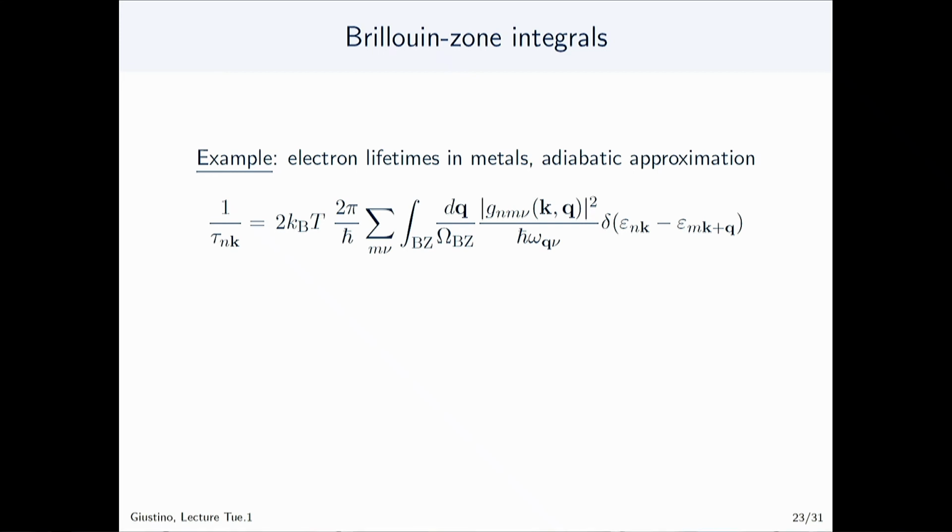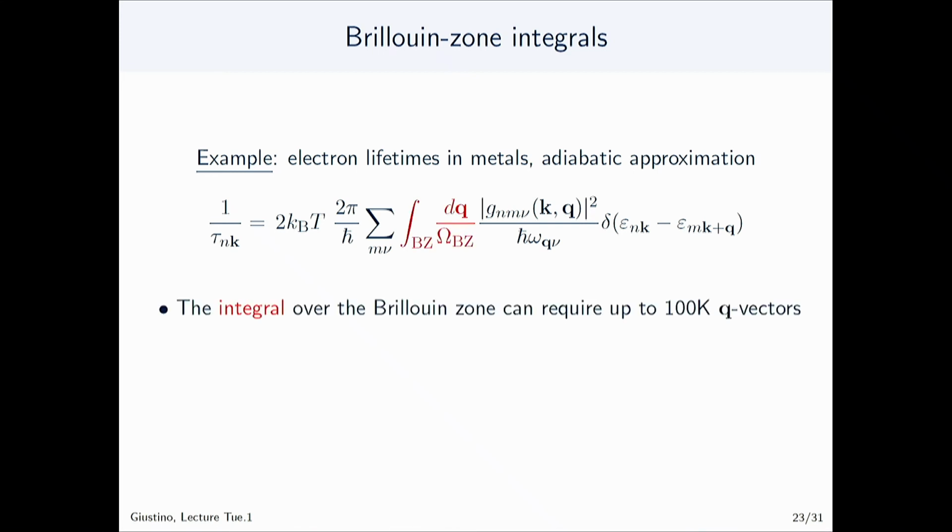But for now, I'm just showing this here because I want to make the point that if you want to calculate this object, first of all, you have an integral over the phonon wave vectors in the Brillouin zone, okay? Integral means that we need to sum over a lot of phonon wave vectors. And typically, since there are Dirac delta functions here, in order to get a number which is converged, meaning that it doesn't depend anymore on the sampling accuracy, you typically need something of the order of 100,000 wave vectors.